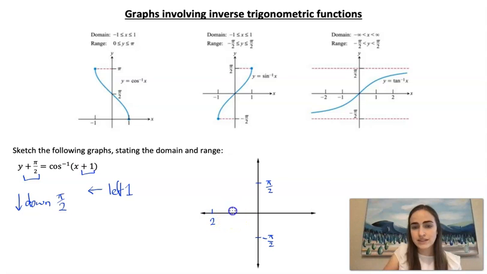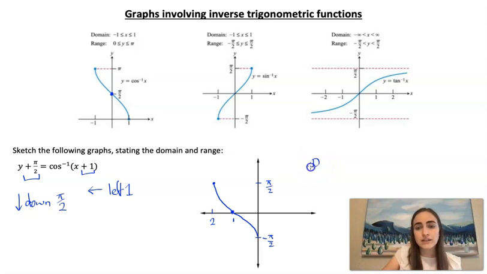Now that point 1 is still important because instead of having an intercept here, that's going to move down pi on 2 and across 1. So our graph is actually going to cut through the axis here. So we're also going to have our graph starting here at minus 2, pi on 2. It's going to curve down through that 1 and then back down here. So the whole graph has remained the same shape, it's just been shifted.